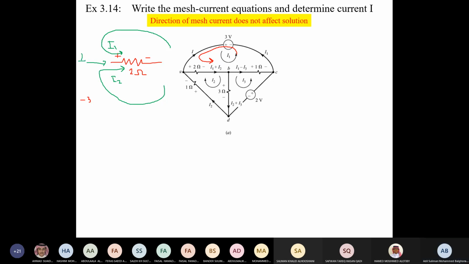I1 plus I2. I1 plus I2. That means the voltage drop on the 2 ohm is going to equal 2 (I1 minus I2).